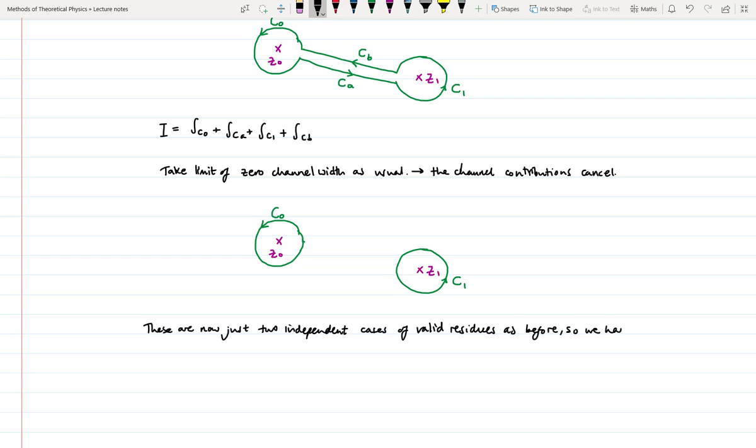And that means that we have our integral I, which was the integral along that original contour of our function, is now given by the integral contribution along the circle C0 plus the contribution around the circular closed integral C1.